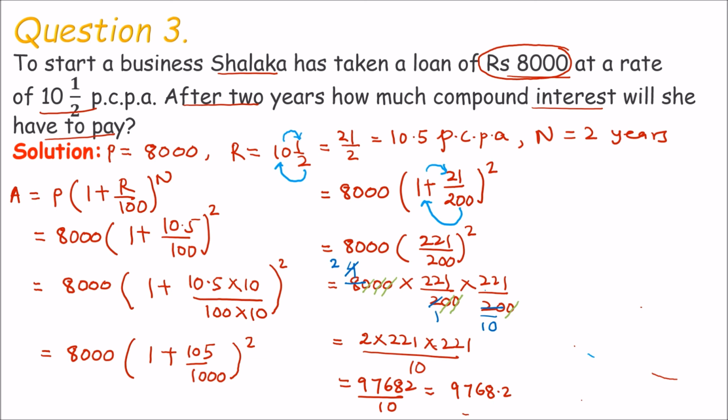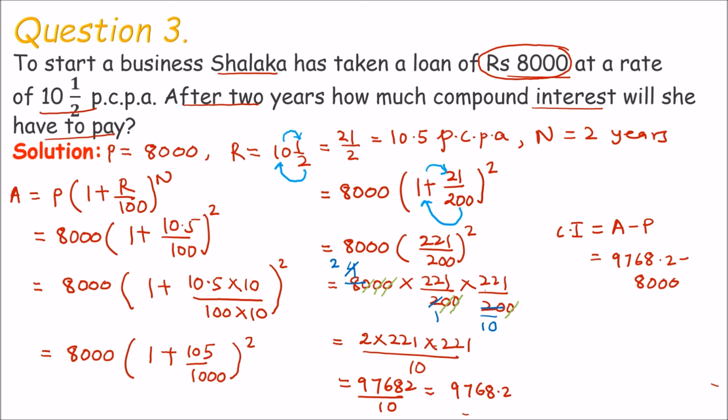And what do we have to find out? Compound interest. So the formula for the compound interest is amount minus principal. What is the amount over here? 9,768.2 minus the principal, that is 8,000.